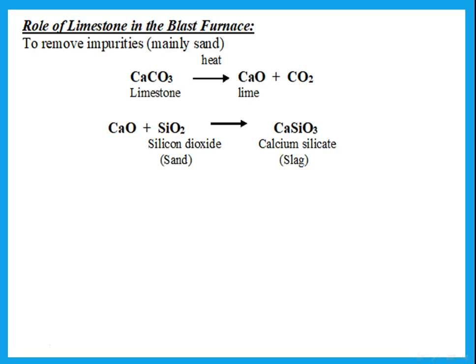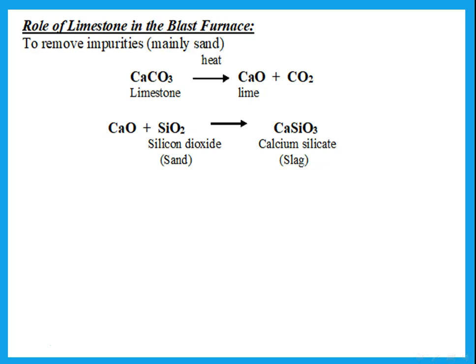It is an oxide of a non-metal, so that is an acid. So the calcium oxide, which is basic, reacts with the silicon dioxide, which is acidic, to give a salt. There is no water because we don't have any hydrogen in our reaction anyway. So the calcium silicate is what is formed, and we call the calcium silicate slag.